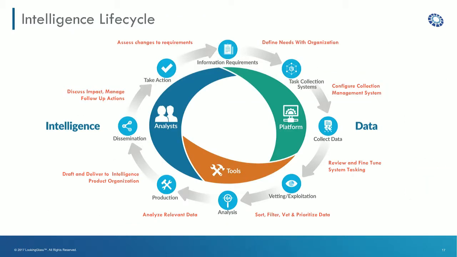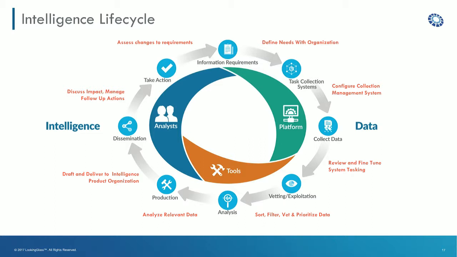The intelligence lifecycle is ultimately what we are driving towards in an intel program. And this is a very involved diagram, and it has a lot of details that we're obviously going to cover in subsequent parts of our series. But it really highlights the importance of driving from a clear set of requirements to data collection, refinement and vetting of that data, analysis, and then ultimately resultant intelligence that can then be acted upon.